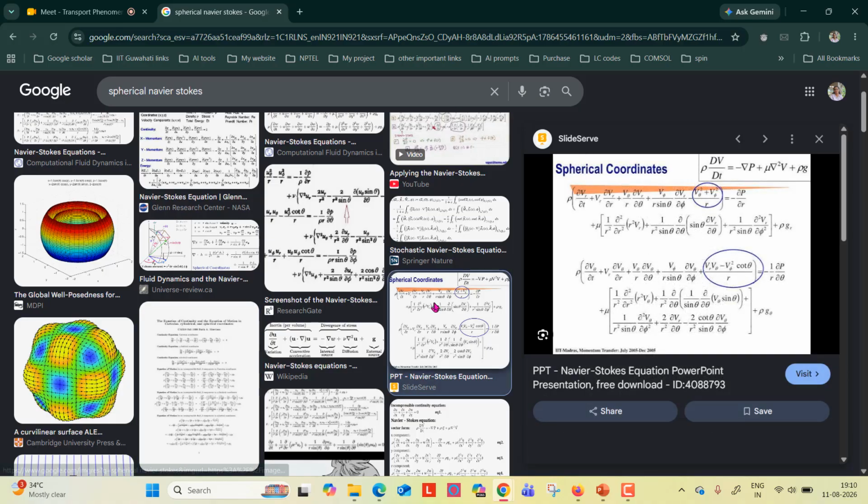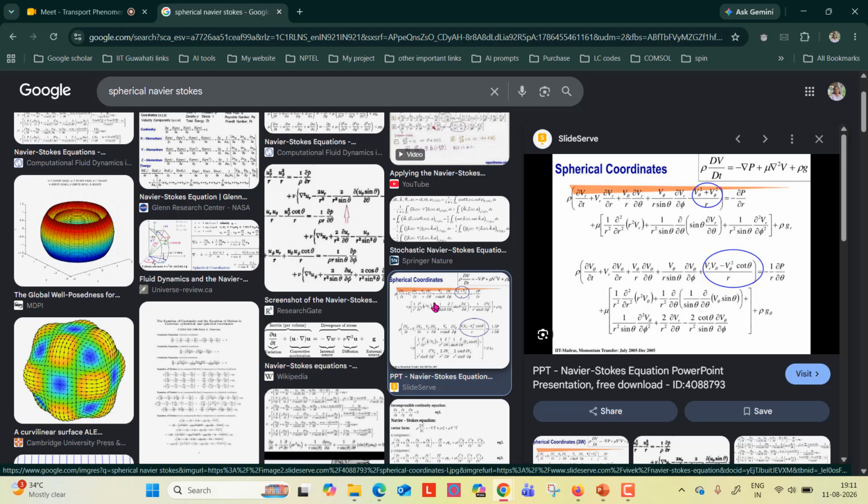Yes, this equation is for the spherical coordinate. As it is a steady state equation, the del t term will be cancelled out.